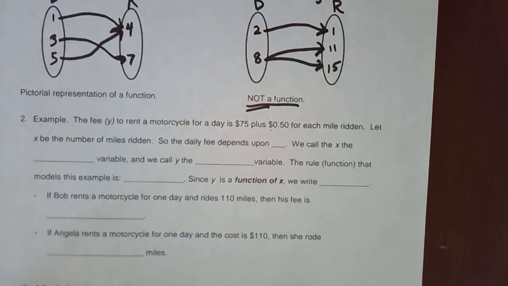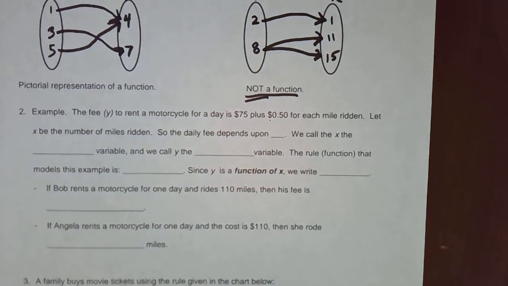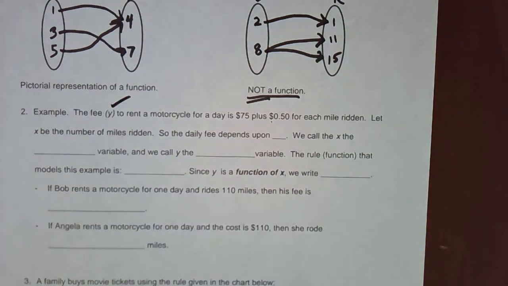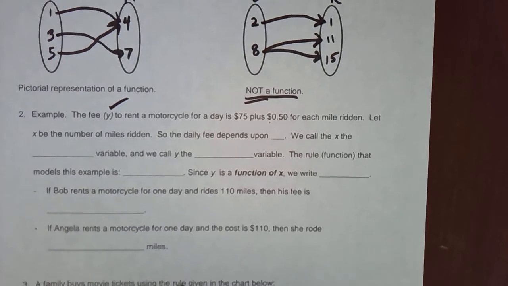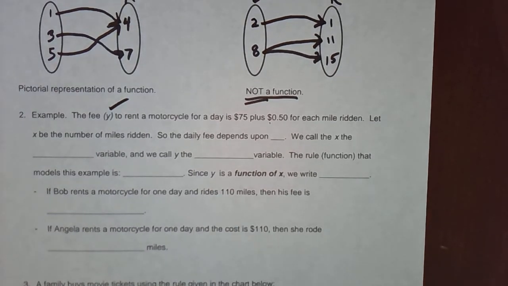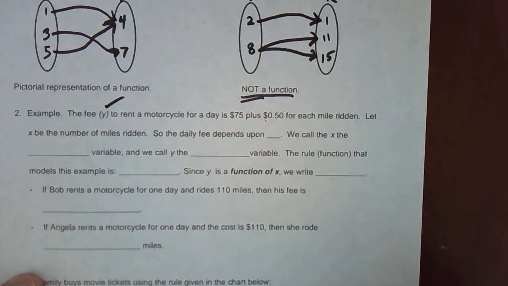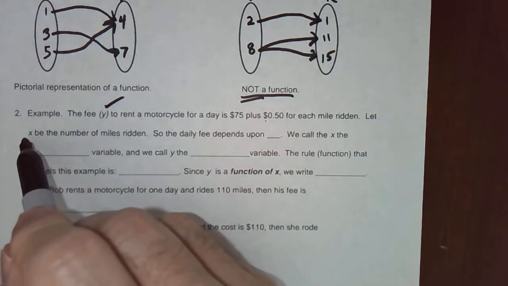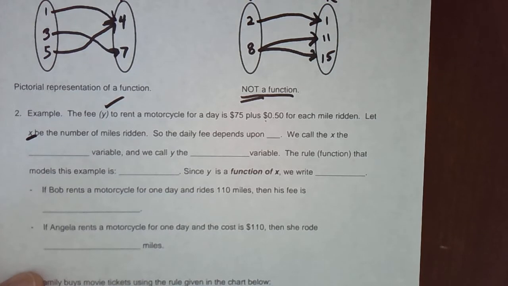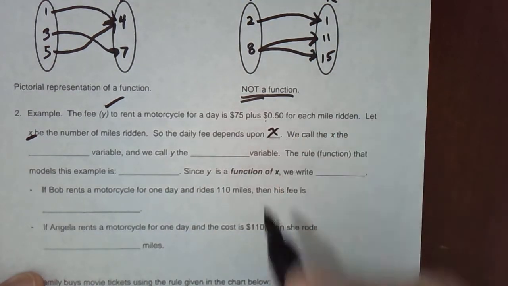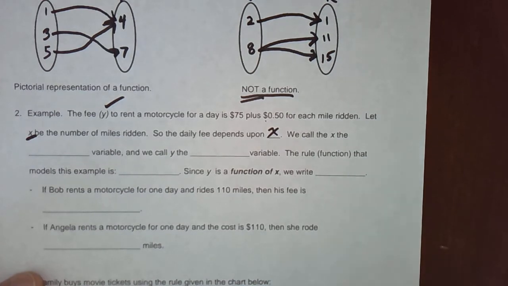Okay, let's look at an example. The fee, which we'll represent as this variable y, to rent a motorcycle for a day is $75 plus 50 cents for each mile that you ride the motorcycle. Let x be the number of miles that are ridden. So the daily fee depends upon x, the number of miles that you ride.